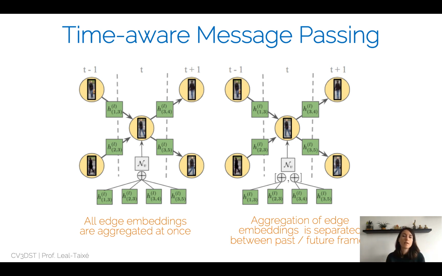So you want to separate the two operations. So essentially what we do is we perform a different aggregation for the past connections, the connections between t and t minus 1, and the connections between t and t plus 1. And by doing this operation, we allow the network to have a notion of time, to have the notion that the connections to the past and the connections to the future should be treated separately.